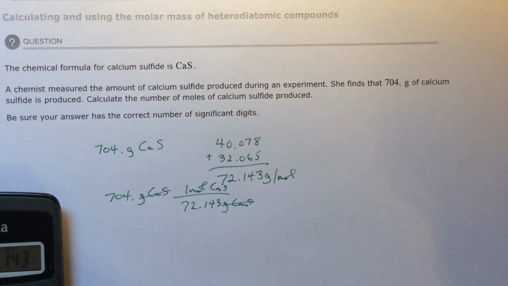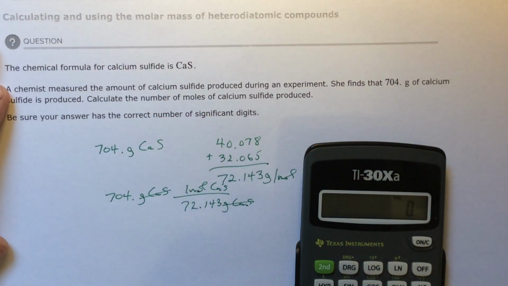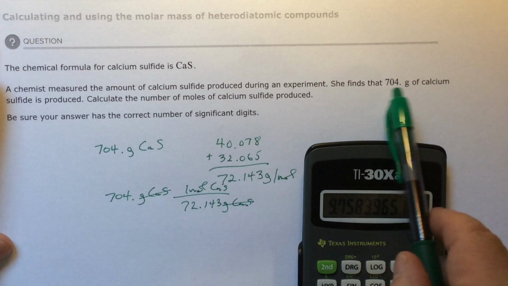All right, so we have 704 divided by 72.143. Okay, now my calculator answer is 9.75839658, but I don't want to write that down. I only want to write the number of significant figures that I was given.